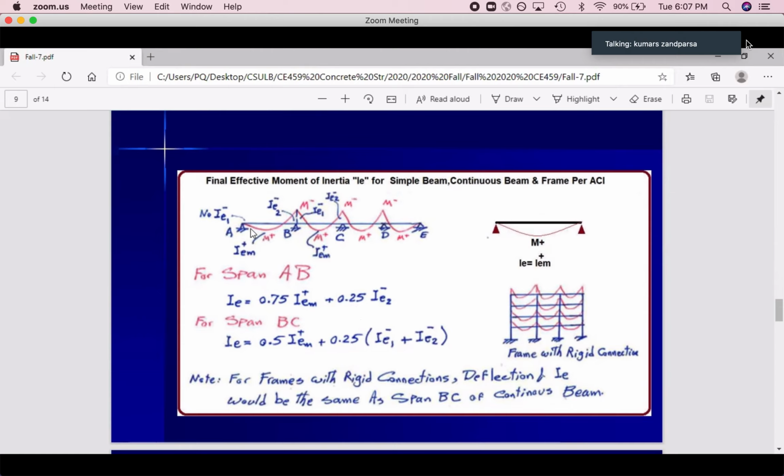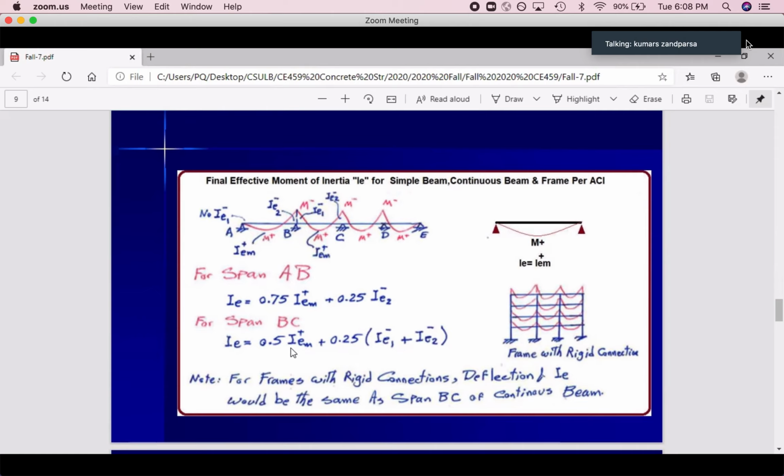Why? Because most of the beam length is under positive moment, and because of that we are considering it the most. A small percent of the beam is under negative moment. If you have both, it's 25%, 25%, 50%, meaning 50% for negative and 50% for positive.